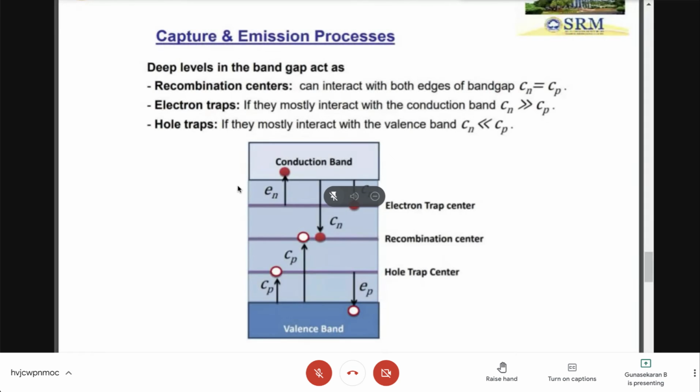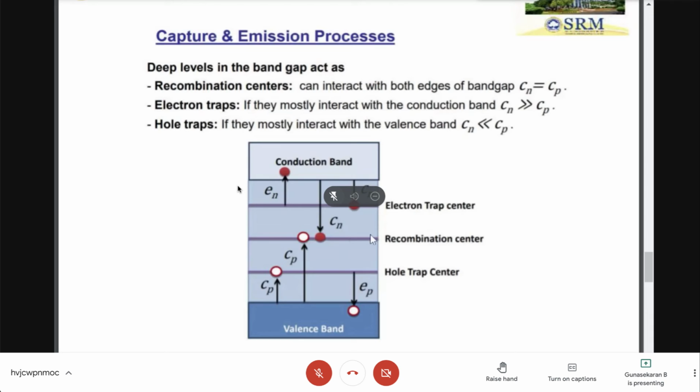When Cn is greater than Cp or Cn is less than Cp, you see electron trapping or hole trapping. When Cn is far greater than Cp, that is electron trapping, and they mostly interact with the conduction band. When Cp is far greater than Cn, that is hole trapping, and they mostly interact with the valence band. So this is the corresponding diagram.